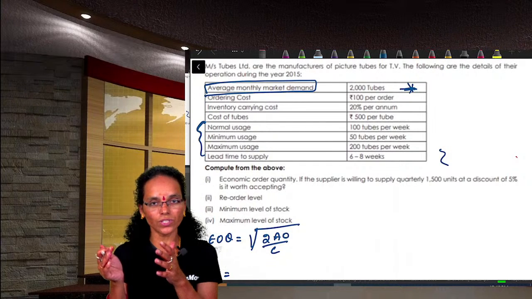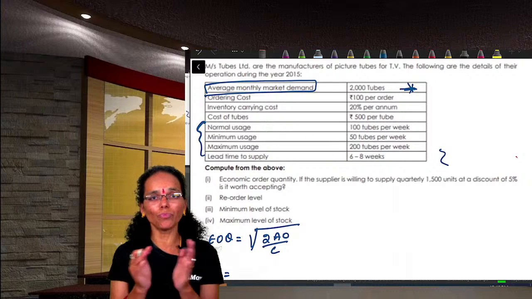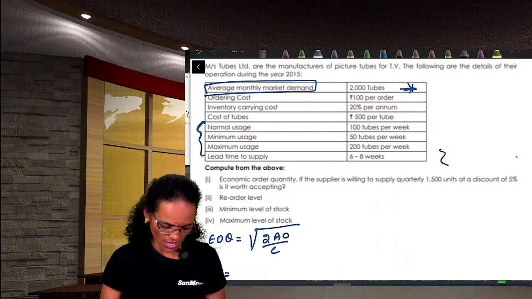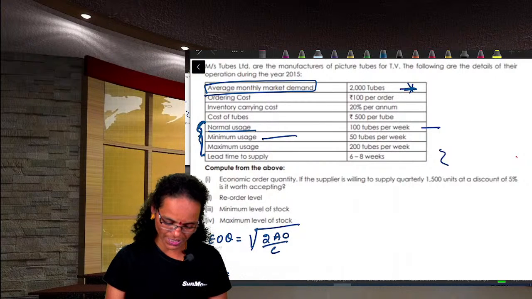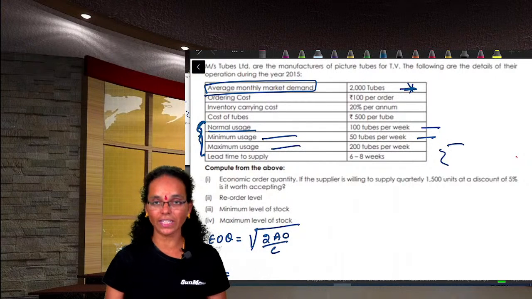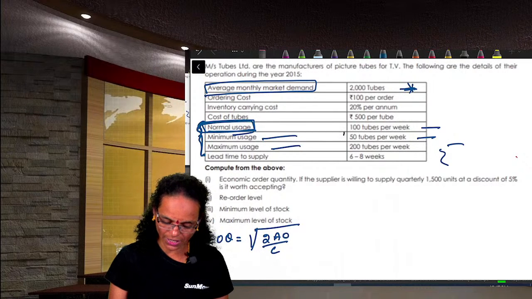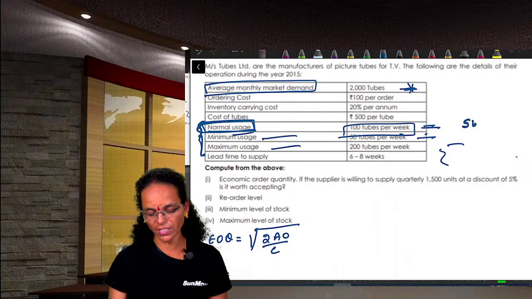What is your usage, or what is your requirement of components to do the required production? So here normal usage is given as 100 units per week, maximum is given like this, minimum is given like this. So we need to take normal usage, this one, right? 100 tubes per week. We have 52 weeks in a year.